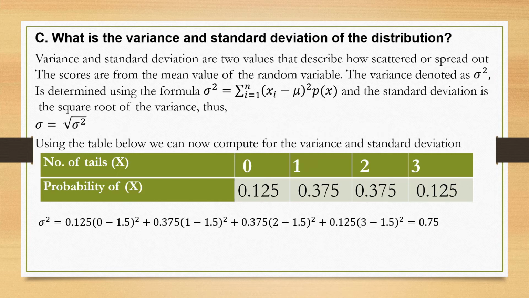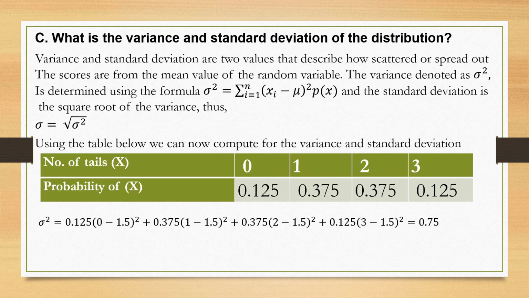Plus the second probability 0.375 times the quantity of 1, which is referring to the second outcome, minus 1.5 to the power of 2, plus the third one, which is 2, and its corresponding probability is 0.375 times 2, which is the third outcome, minus 1.5 to the power of 2, plus the last one, 0.125 times 3 as its corresponding outcome, minus 1.5 to the power of 2.